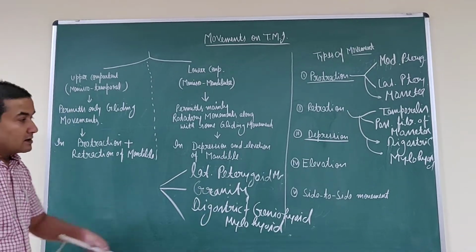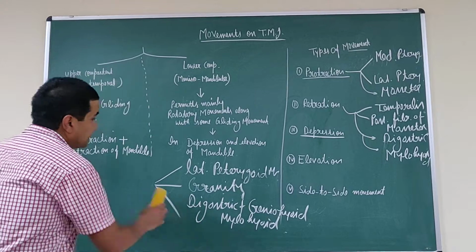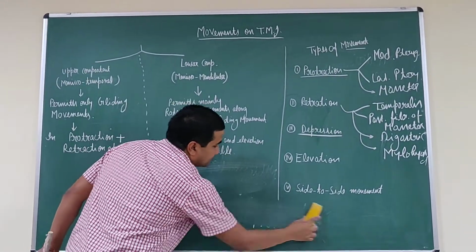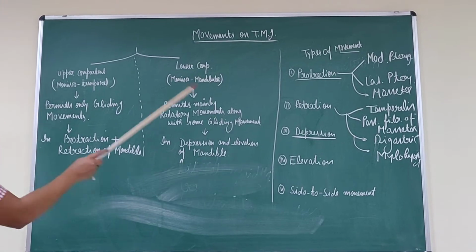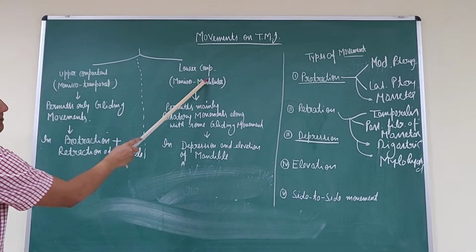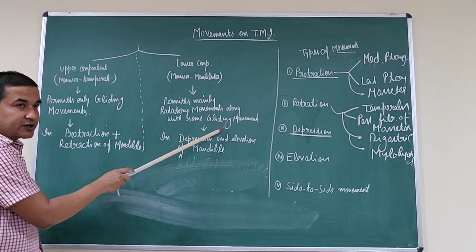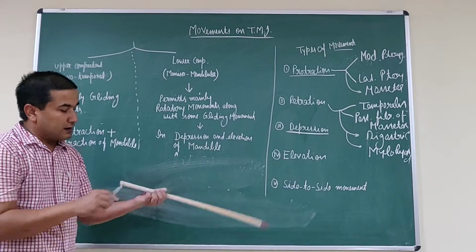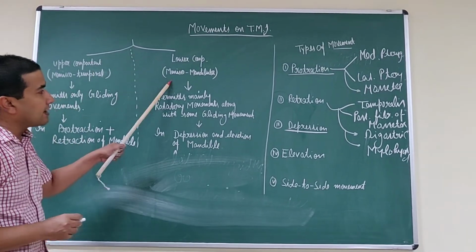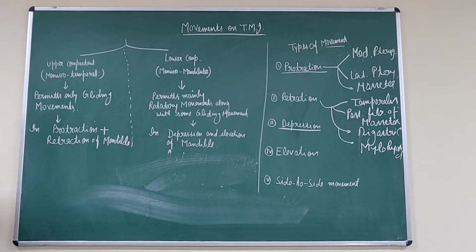Now the opposite is the elevation, that is to close the mouth. And closing of the mouth is also a complex movement that occurs on both compartments. First gliding, then rotation, and these rotations occur on the lower compartment. So both compartments assist in the depression as well as the elevation of the mandible.